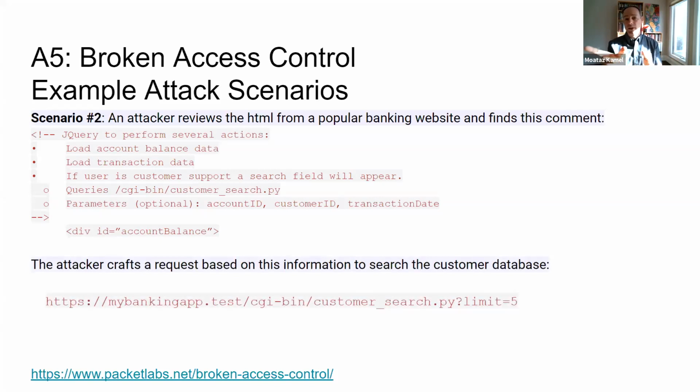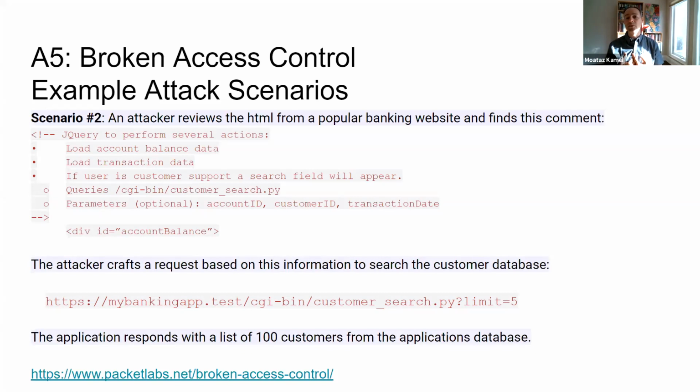So for example, they generate a request that hits that path and see, does it grant them access? Even though they're not a support user, they're a regular user. And if it grants them access, they're in. Now they have access to customer information. So that's another type of attack scenario where the access control is broken and not limiting the user to just the permissions that they have.